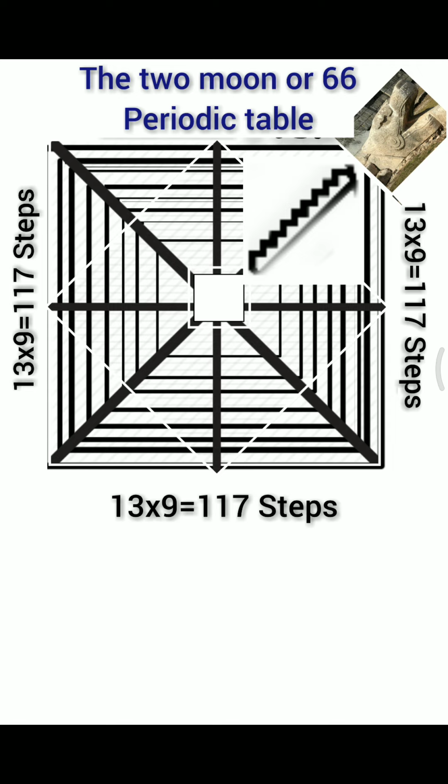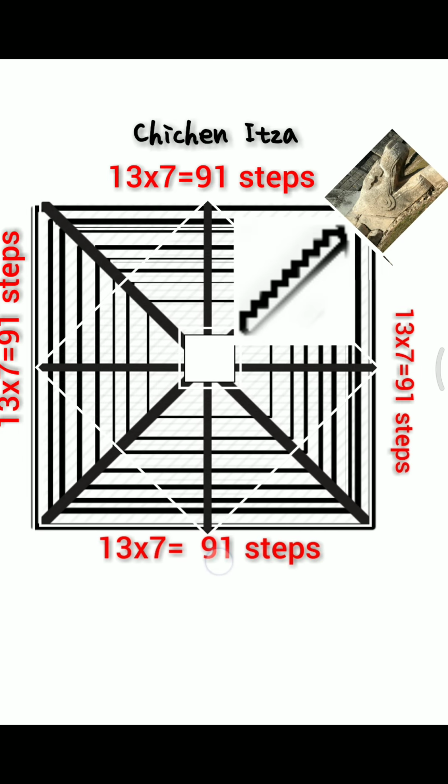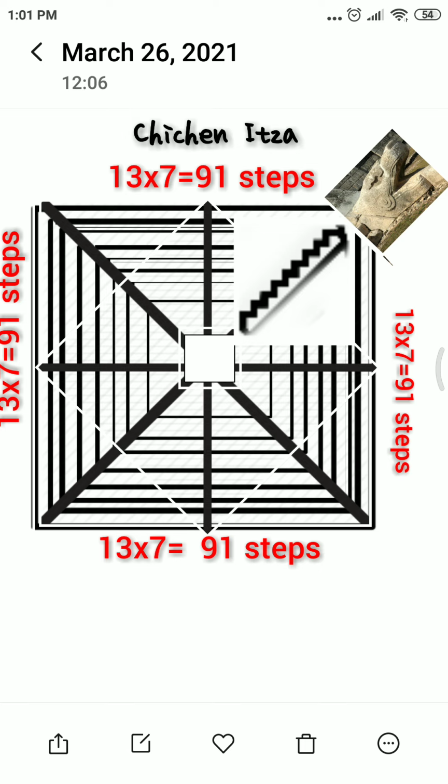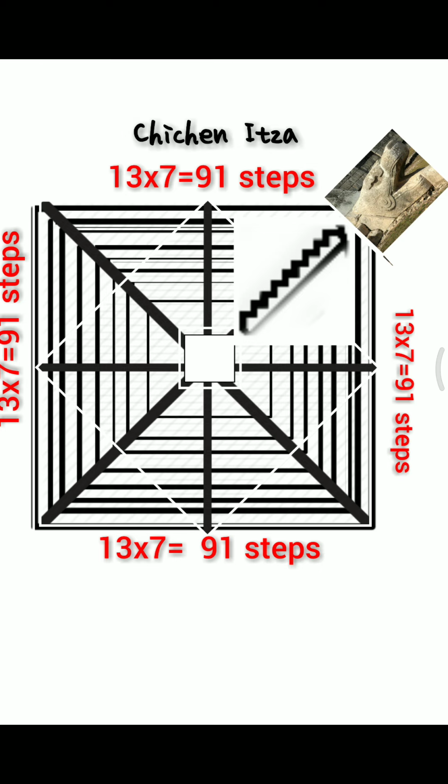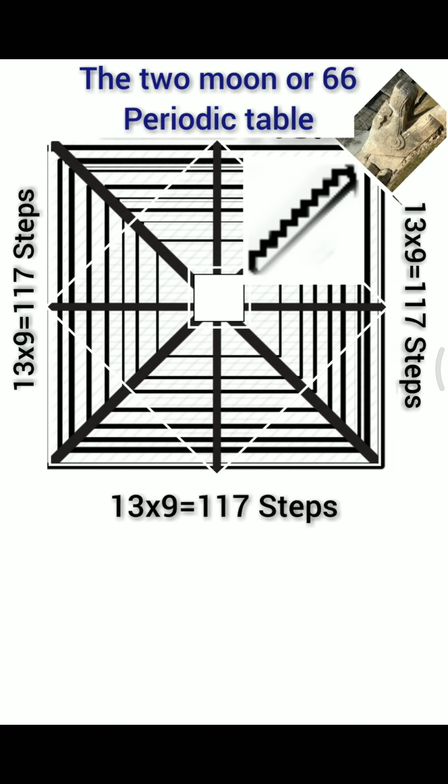So 64 plus 27 is 91. If you add 27 to this 91, what will you get? 118. Where did we hear about 118? Of course, just now, the very subject of our discussion is the periodic table, which has 118 elements.